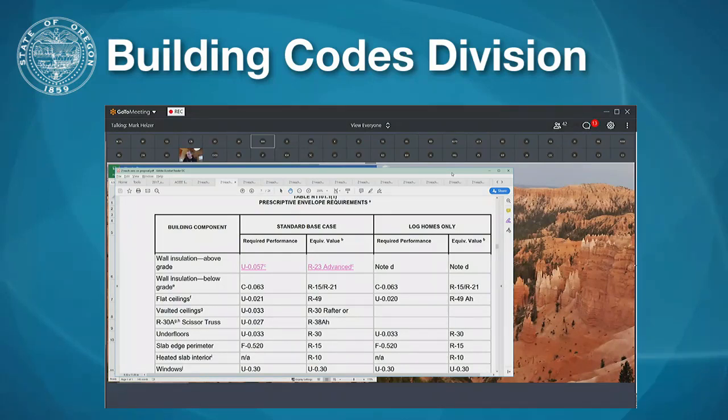There are enough open pieces there. So we'll be getting to that, the official point, and looking at the REACH code relative to those.